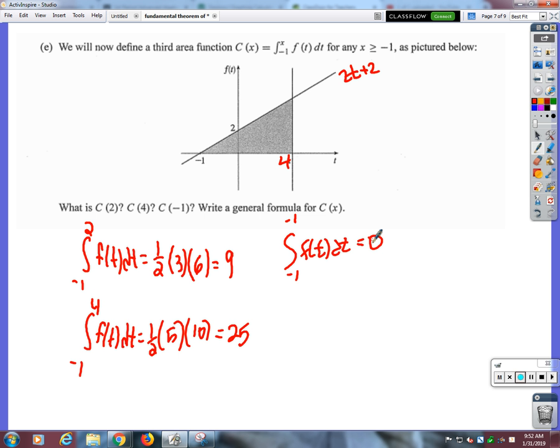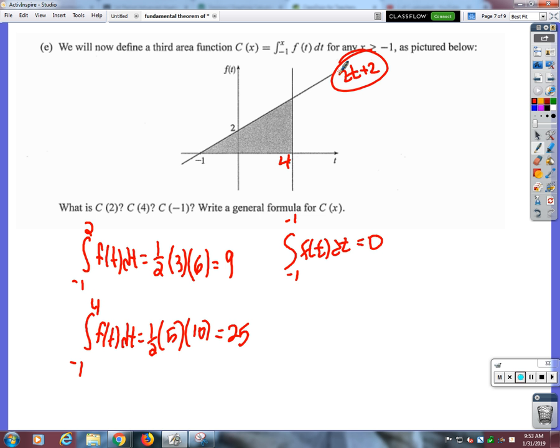The negative part is only if it's underneath the x-axis. No, I did the whole triangle, 1/2 base times height. I used the same equation for this line, but since it's going all the way down to the x-axis, now the shape is a triangle, not a trapezoid.